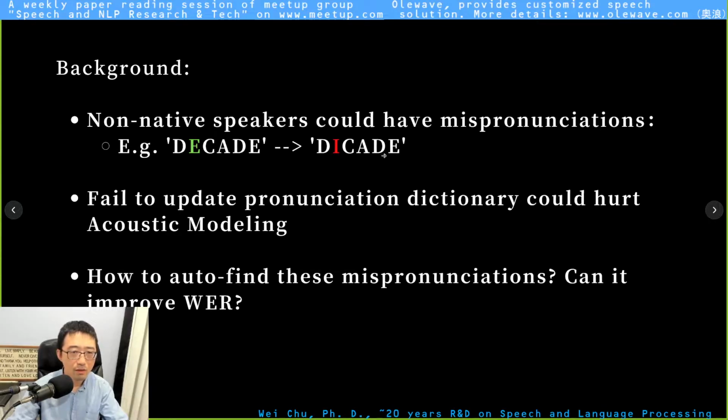The decade, I think, will most likely be recognized as the word D-C-A-Y-E-D, supposing the language model is very weak. How do we find this mispronunciation? Can that be used to improve our WER?